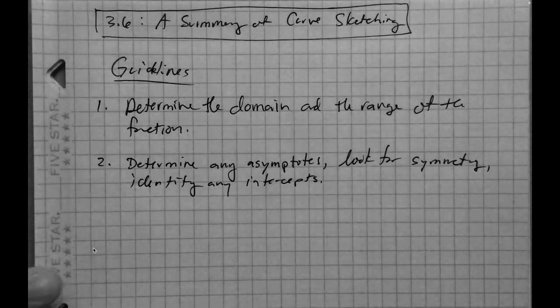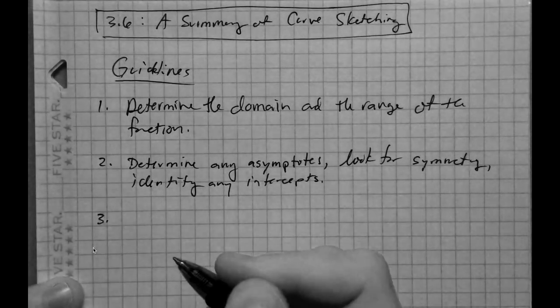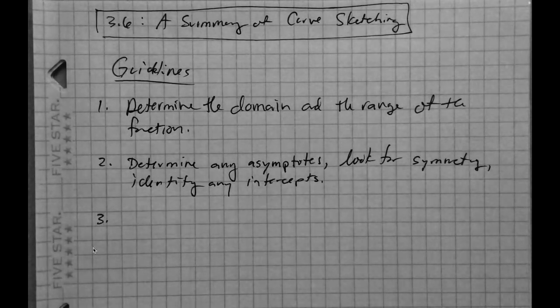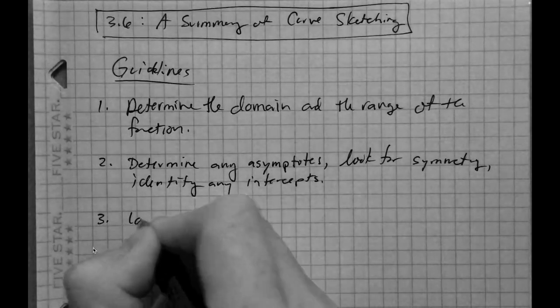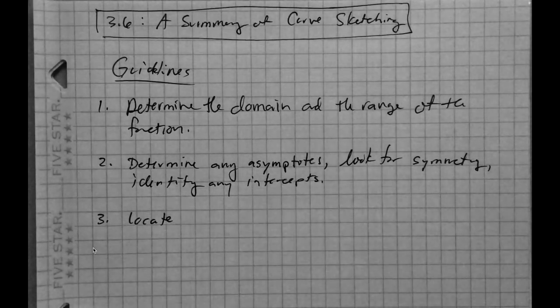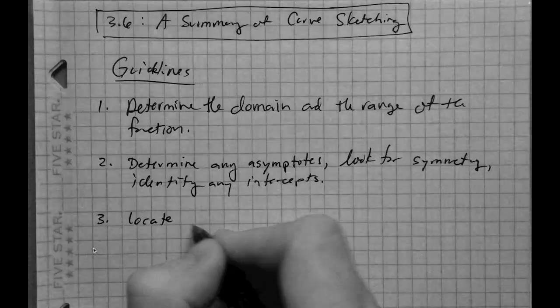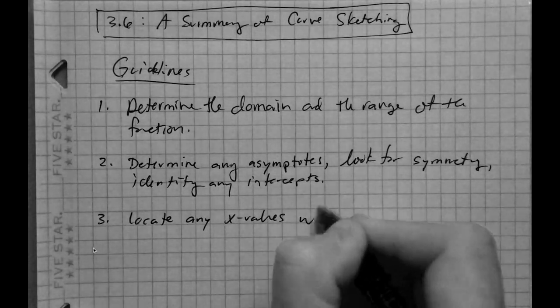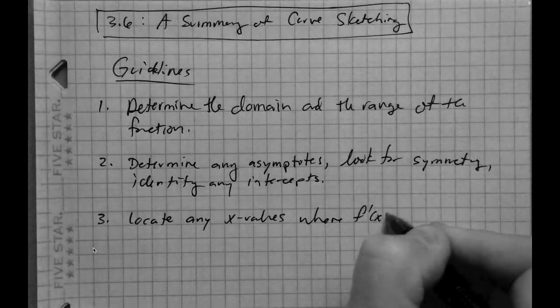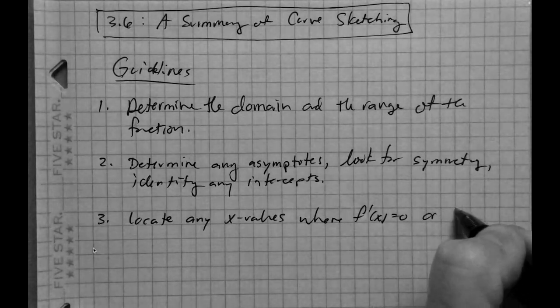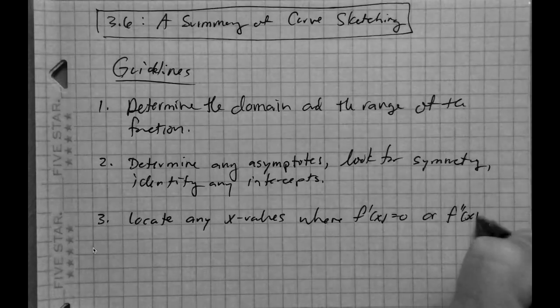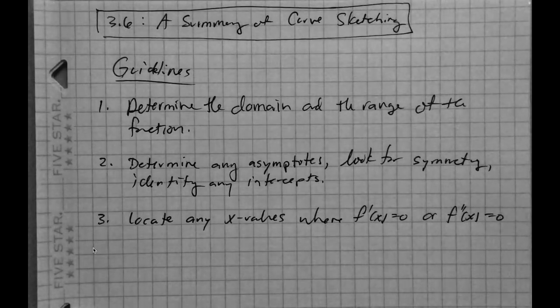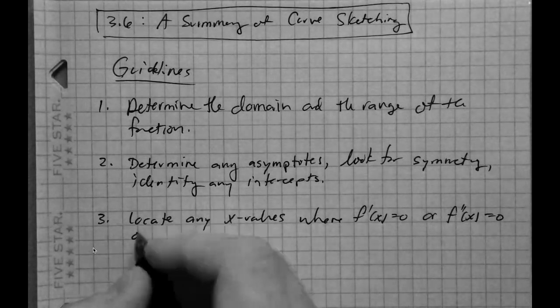And then the third guideline would be to locate the x values where the derivatives are 0 or do not exist. And this is the calculus specific piece of it. So locate any x values where f prime of x equals 0 or f double prime of x equals 0 or do not exist.